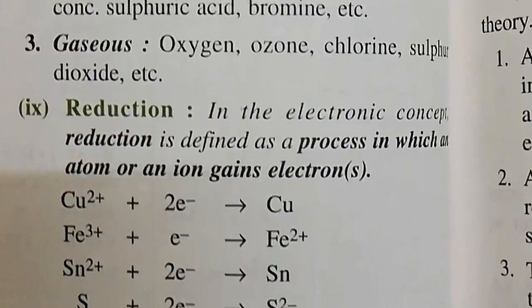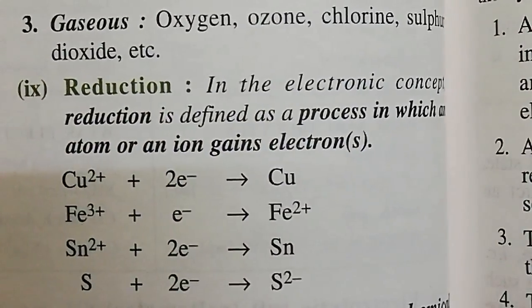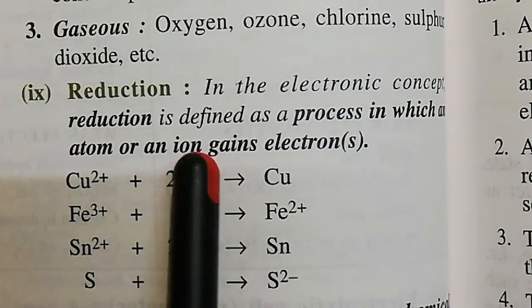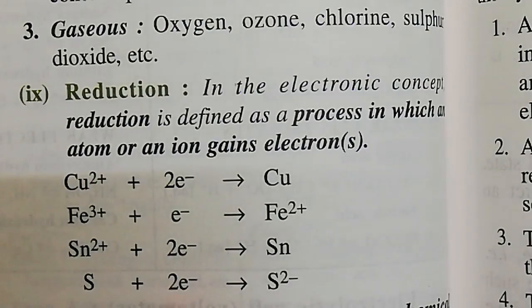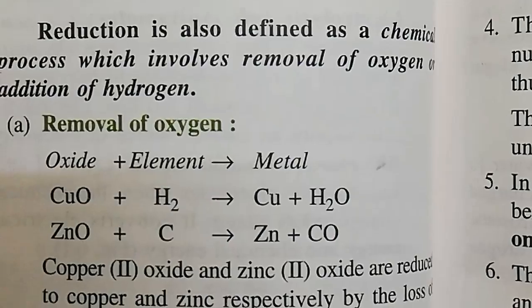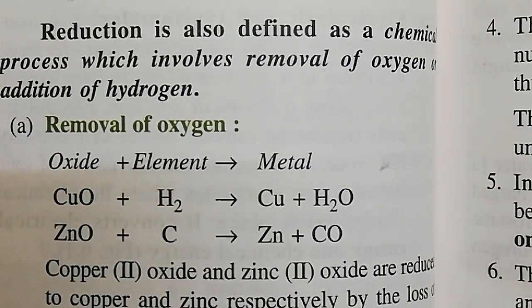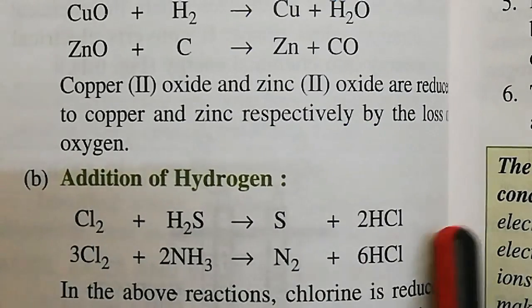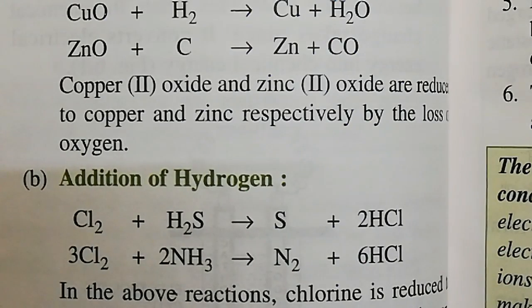Now what is reduction? Reduction is just the opposite. That means whenever ions take electrons, the process is called reduction. And removal of oxygen is also said to be reduction. Addition of hydrogen is also reduction.